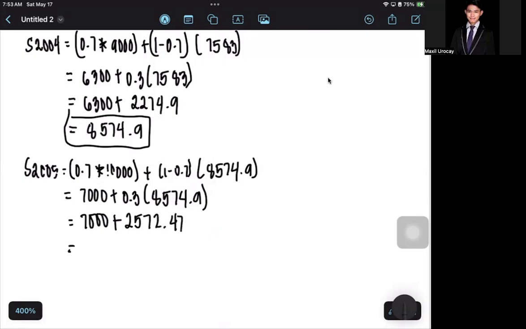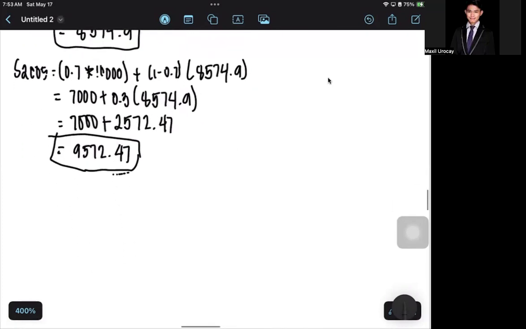You will add that to the 7,000, and that will equate to 9,572.47. And this will be the smooth data for your 2005. Then afterwards, you will go to forecast already.